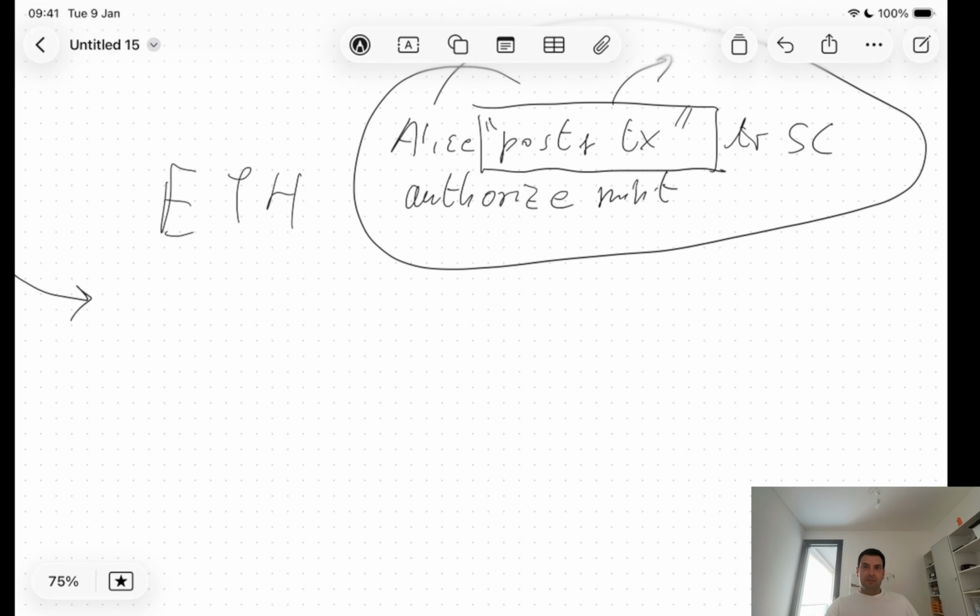Like in Liquid you can use simplicity to have this kind of thing. Even if you cannot do that with Bitcoin script, on Liquid you can still use simplicity and have a smart contract like that. So let's call it a smart contract. And so this is how you can achieve trustless minting in BitVM.